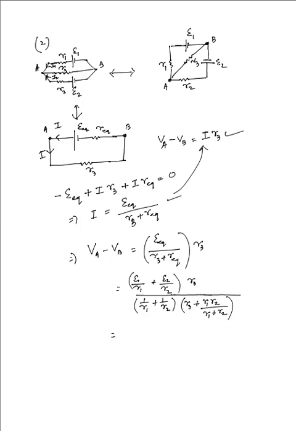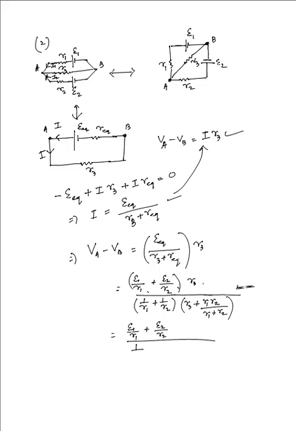Now just to simplify this a bit further, what we get is E1 by R1 plus E2 by R2. We already have the result over here, but this does not look that good, so let me just have it in my own way, because we have all the data that were provided to us: E1, E2, R1, R2, and then we have an R3 as well. This looks a bit messed up, so let's just simplify that.